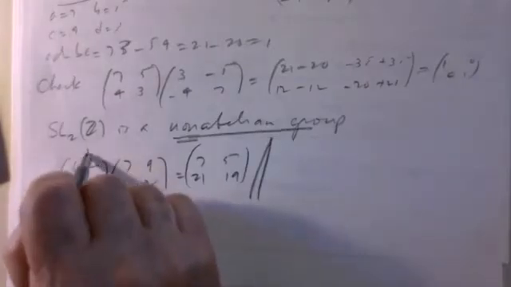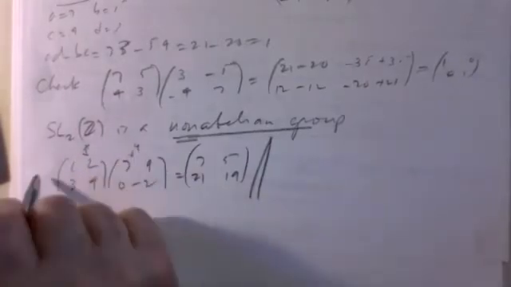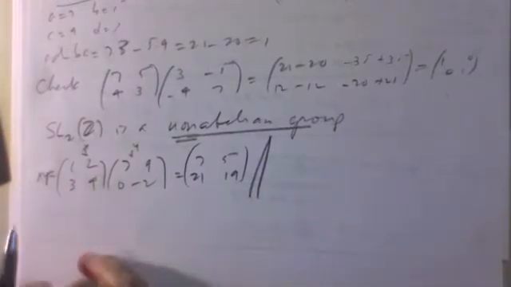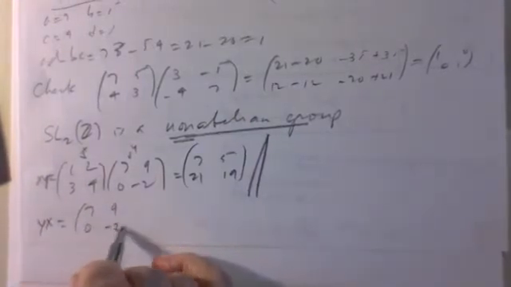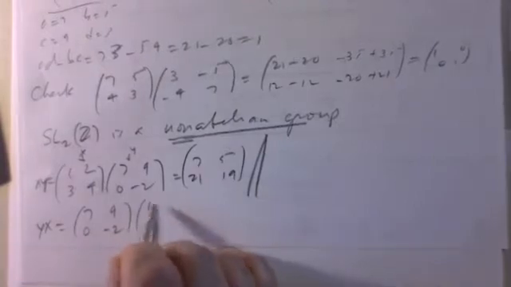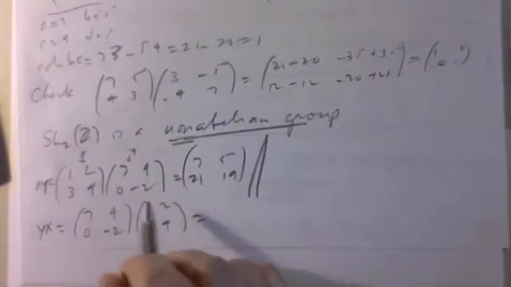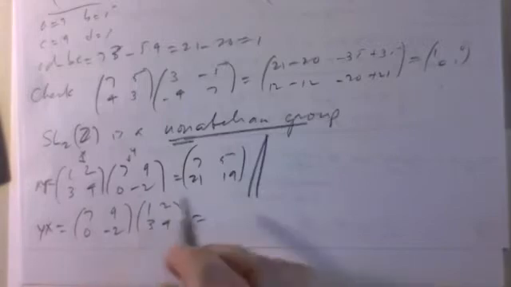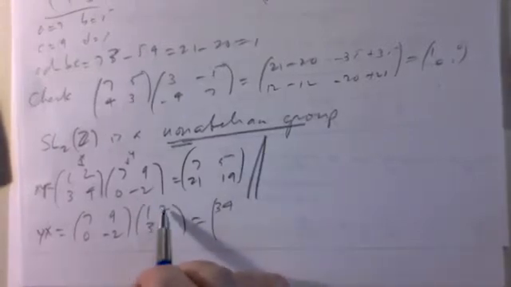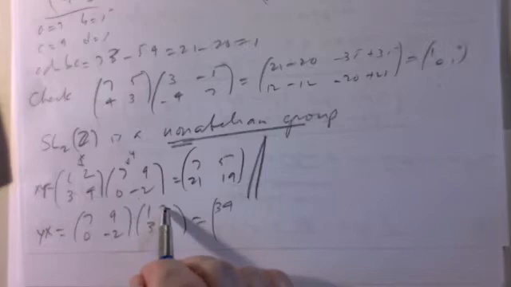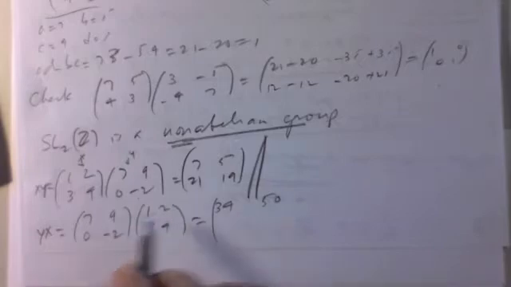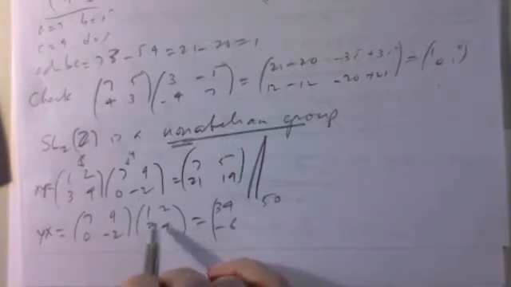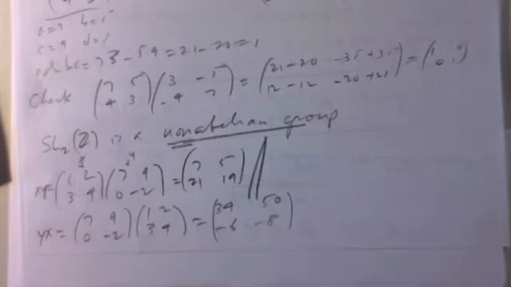Suppose I multiply, so if I call this matrix X and this matrix Y, this is X times Y. And what happens if I multiply in the opposite order? 7, 9, 0, minus 2, that's Y, times 1, 2, 3, 4. So I get 7 plus 27 is 34, 14 plus 36 is 50, 0 minus 6 is minus 6, and 0 minus 8 is minus 8.